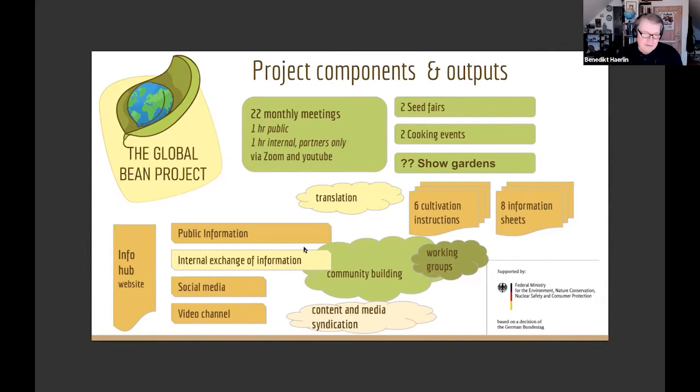So far, we just have a landing page where we want to provide public information, and provide the bean lovers of the world an internal exchange platform. It will include social media and a video channel where this meeting and many other meetings will be recorded and conserved and can be watched later.